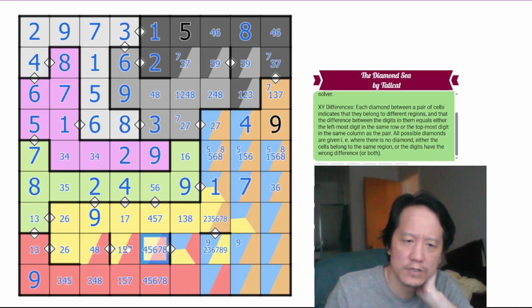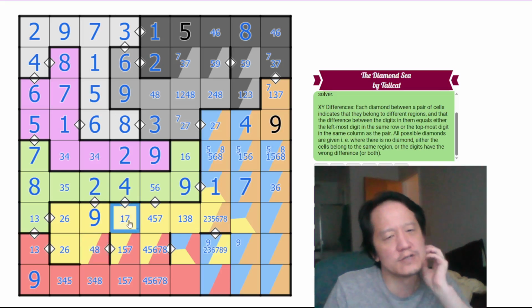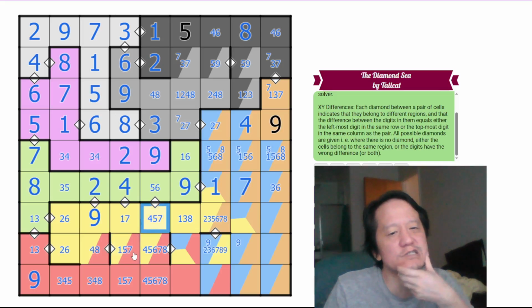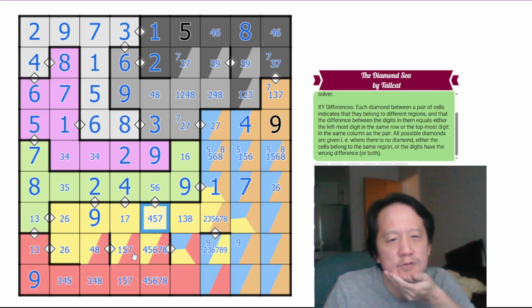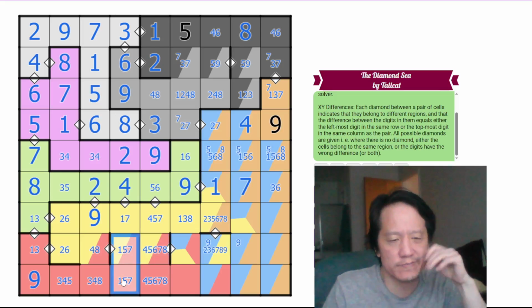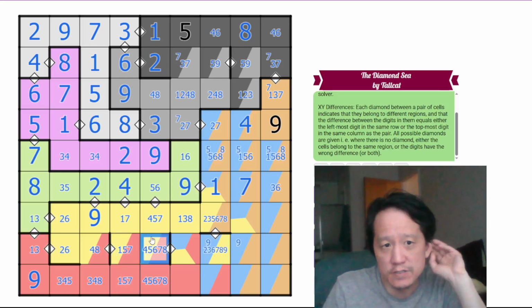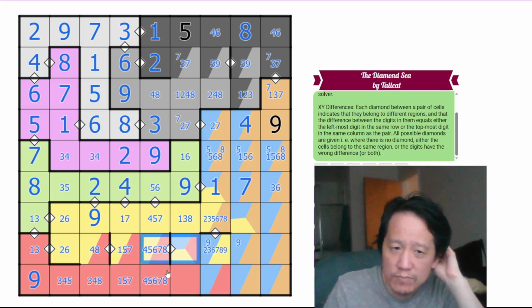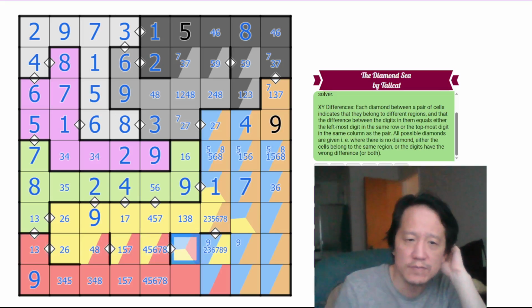Oh, that's interesting. If this is 5 and this is 4... Oh, they don't necessarily have to be part of that region. Okay, this... don't know which region that is. 4 can have a difference of 3 with 1 or 7.